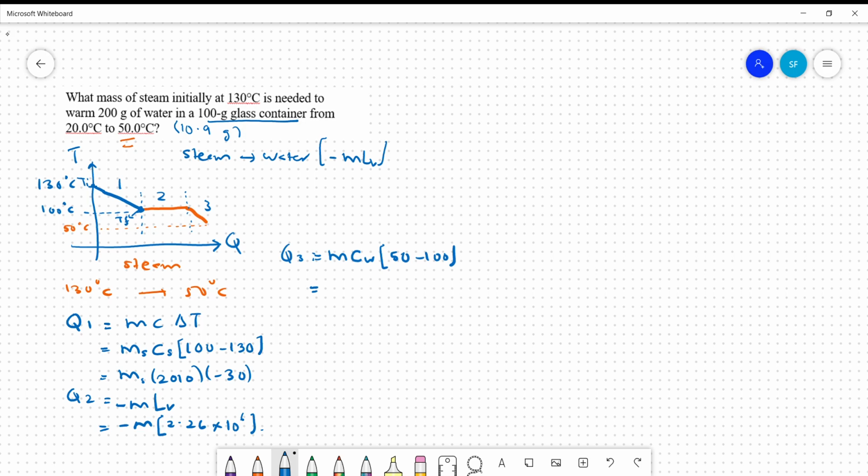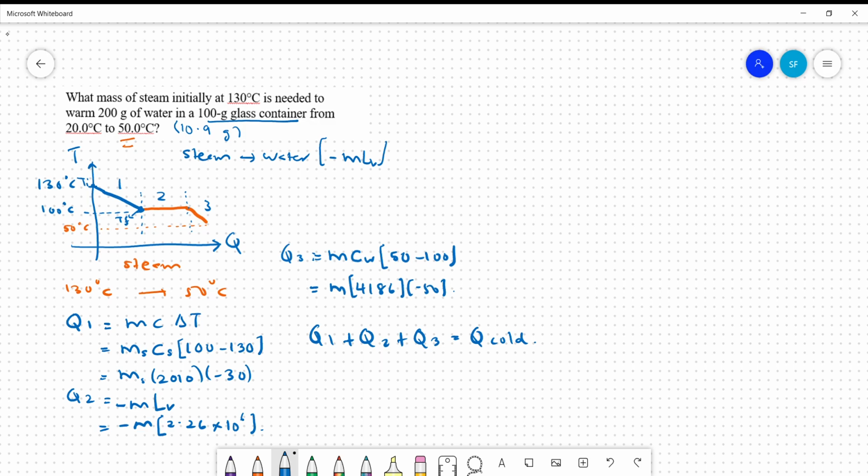The specific heat of water is 4186, and the change is negative 50 degrees Celsius. So Q1 plus Q2 plus Q3 is Q cool, because the heat is expelled from it.